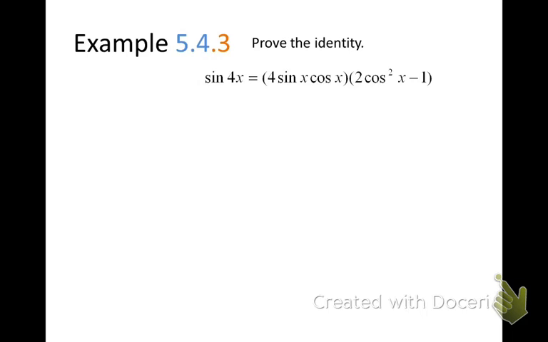Based on what I told you guys, how can you avoid having to do a couple of steps? Rather than doing the sine of 2x plus 2x, you can look at that as being the sine of 2 times 2x. Yep, so that you have a double angle.